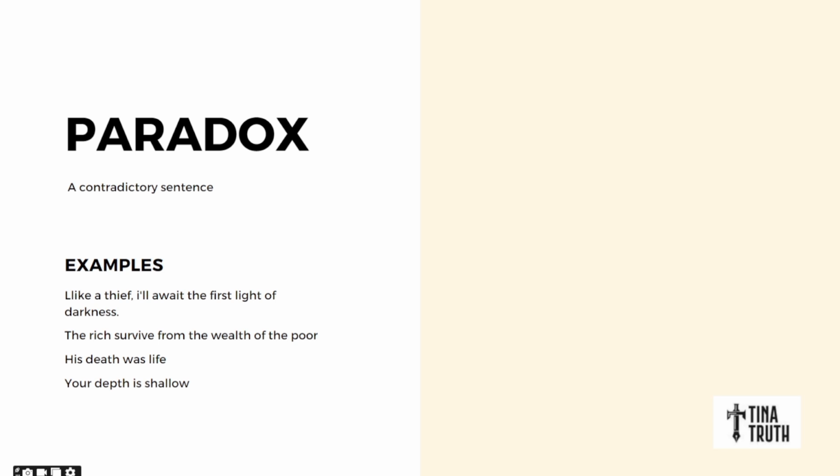That's a complete paradox. How can you say the rich survive from the wealth of the poor? First of all, is the poor wealthy? And then the rich that is wealthy, how can the rich be surviving from the wealth of the poor? Oh my God, this is a contradictory sentence, and this is paradox. Good. So when you think about it deeply, you understand.